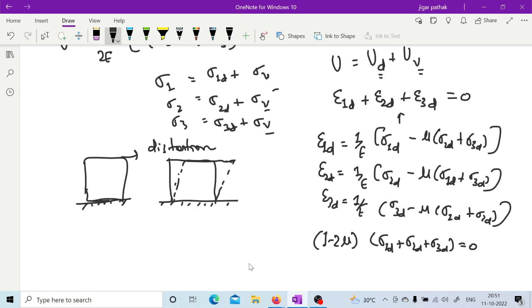As you know that 1 minus 2 mu cannot be 0, this component is 0.